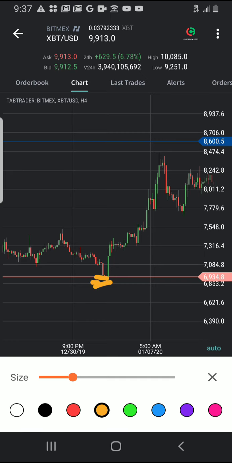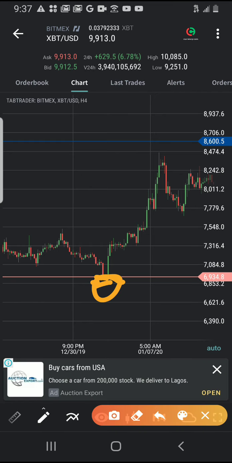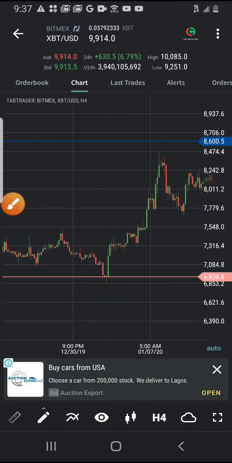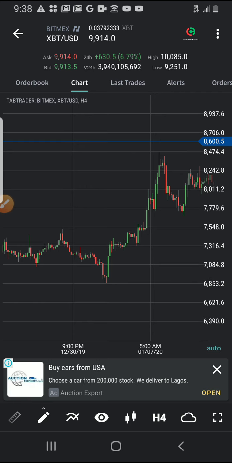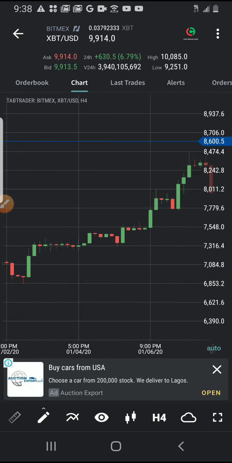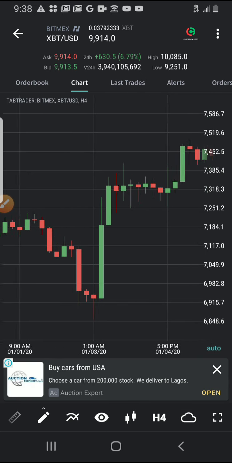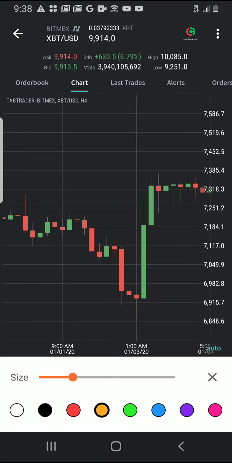But after we touched this last one here, we are going to get back to candlesticks. What happened? Let's zoom out. Let's see what happened. You see, a hammer formed in a bearish trend.